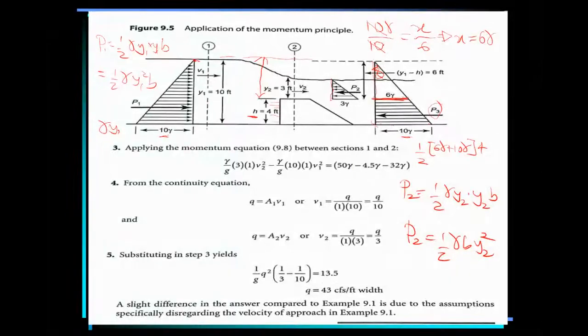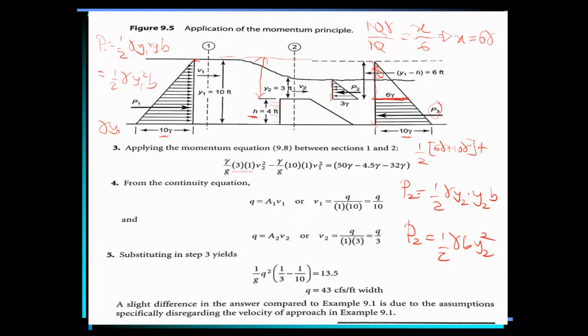This is at section 2, because this is the area. This is v2 squared, because Vn, the normal velocity, is equal to the velocity in the direction of flow, which is Vs.